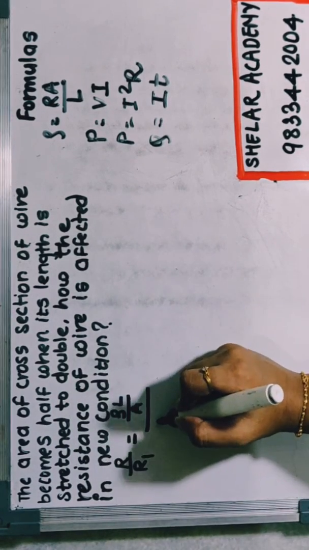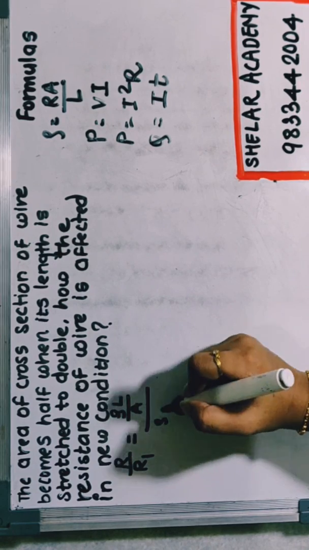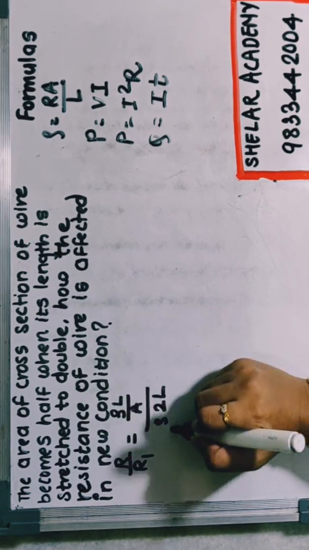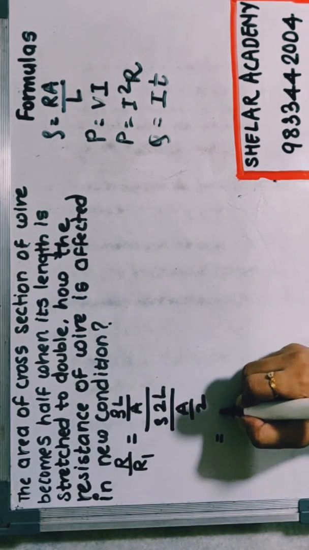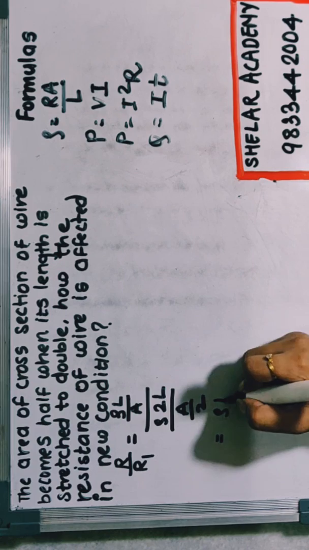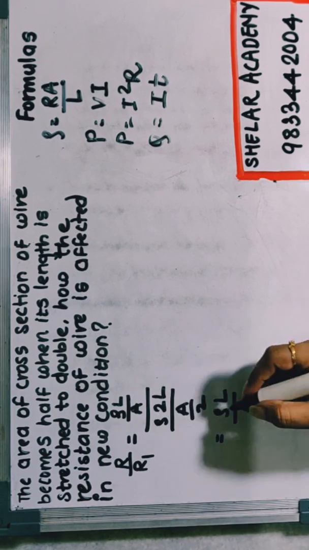And for the new resistance, L becomes 2 times L, area becomes half of the original. Now, using the algebraic rules, we get something like this.